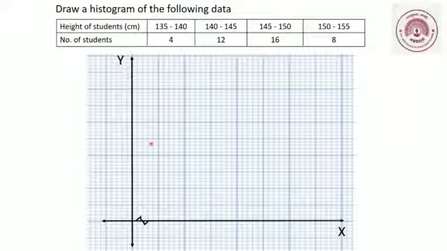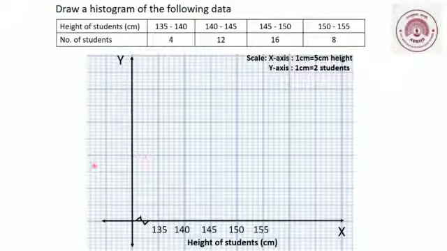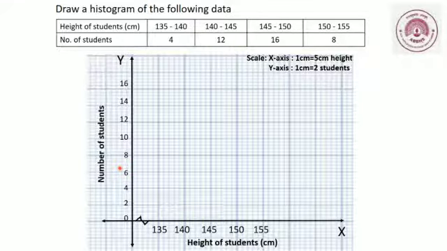When you write x-axis and y-axis, use capital letters. On x-axis, we mark class intervals. And on y-axis, frequencies. And here the class intervals are height of students in centimeter and frequencies are number of students.